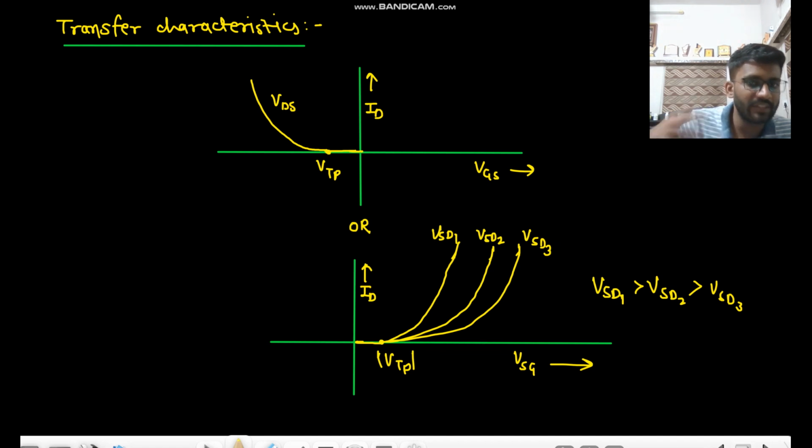If VSD is more, that means the drain is at lower potential, higher in negative, so it will attract more current. So if there is more current, then VSD1 is greater than VSD2, greater than VSD3. So that's it about the PMOS.